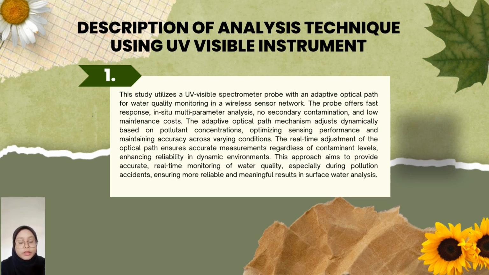The real-time adjustment of the optical path ensures accurate measurement regardless of contaminant levels, with enhanced reliability in dynamic environments. This approach aims to provide accurate real-time monitoring of water quality, especially during pollution accidents, ensuring more reliable and meaningful results in surface water analysis.